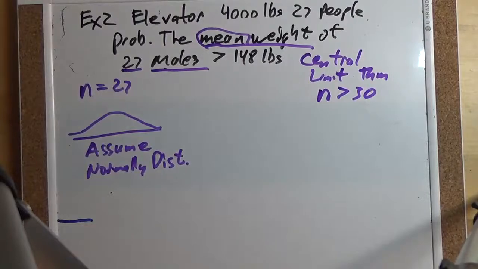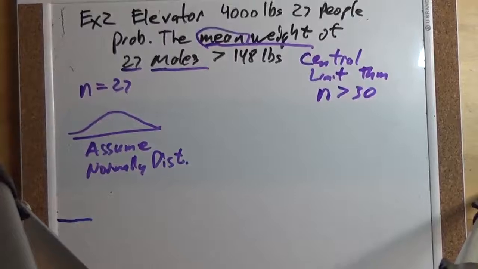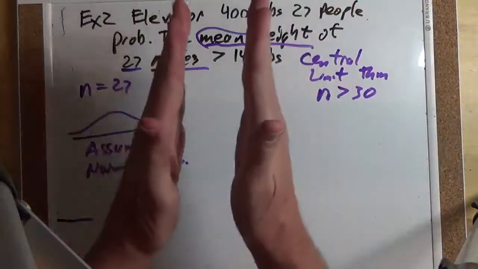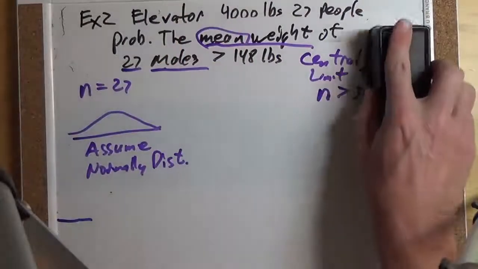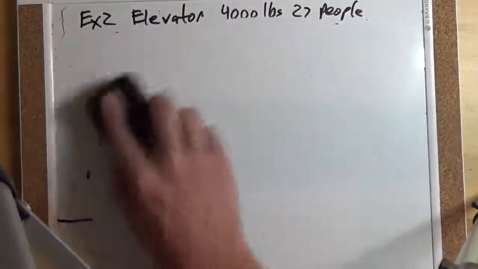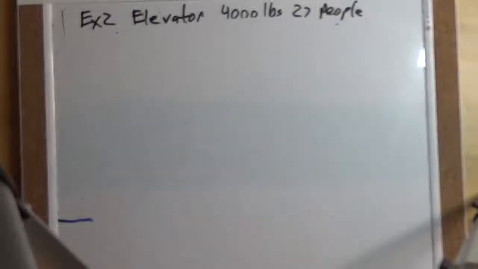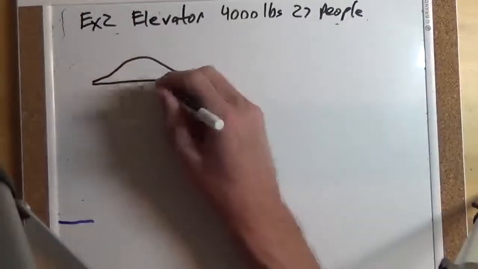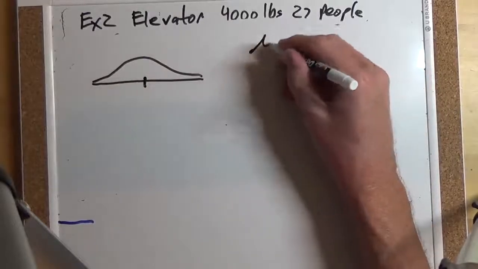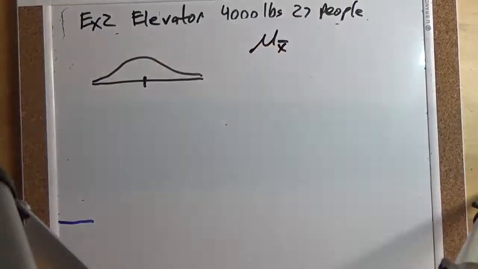Okay, so how does this change my problem? Basically, everything is the same except the standard deviation becomes smaller. It tightens up my normal distribution. So I do the analysis the exact same way. But now, there's the mean of the sample distribution.